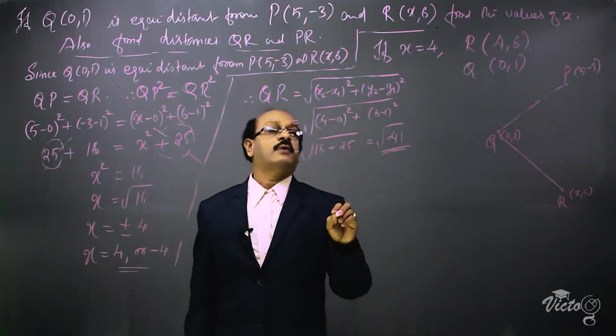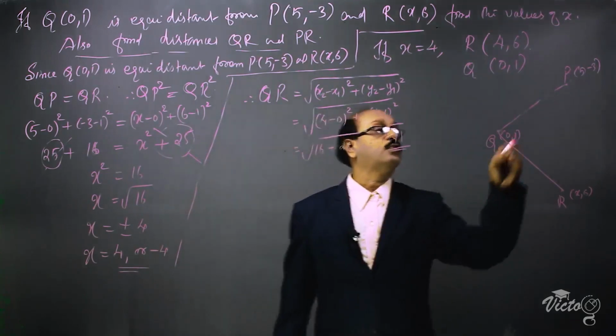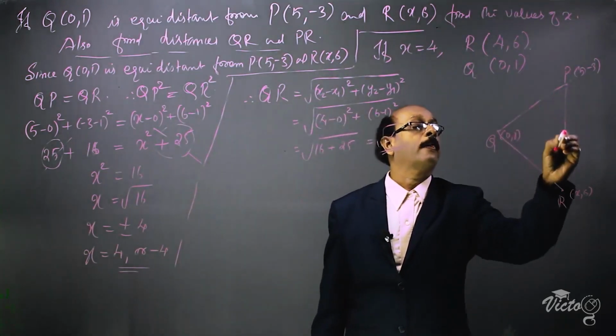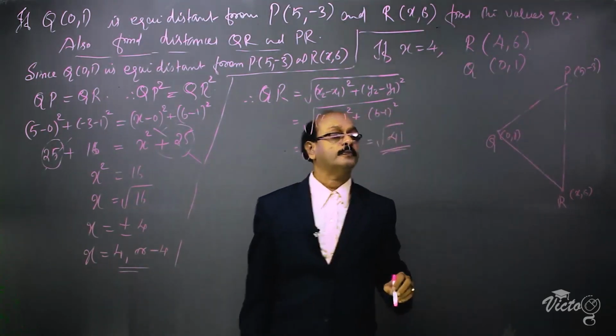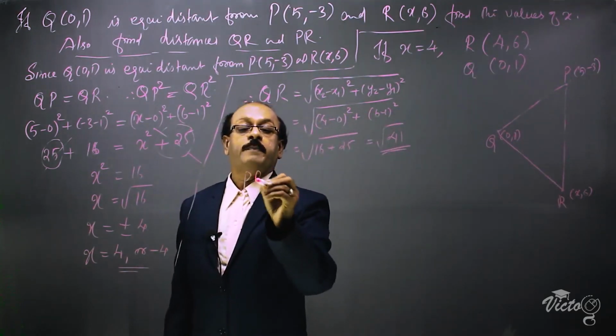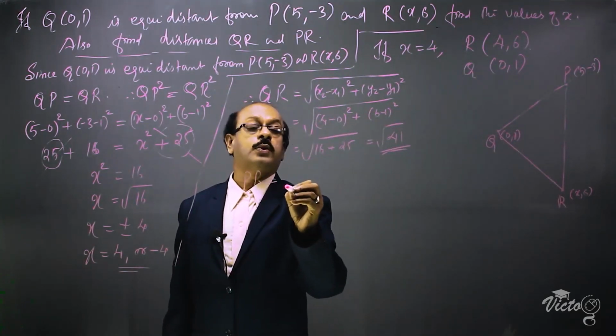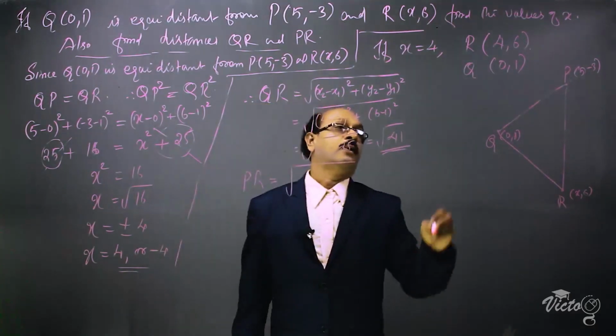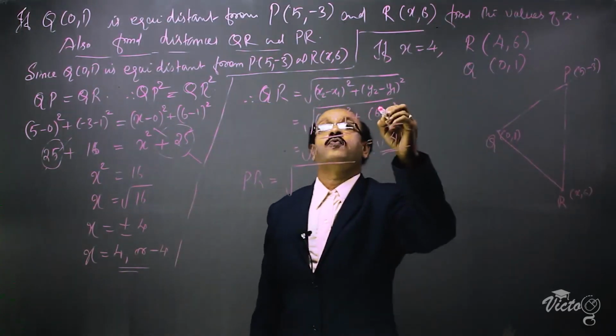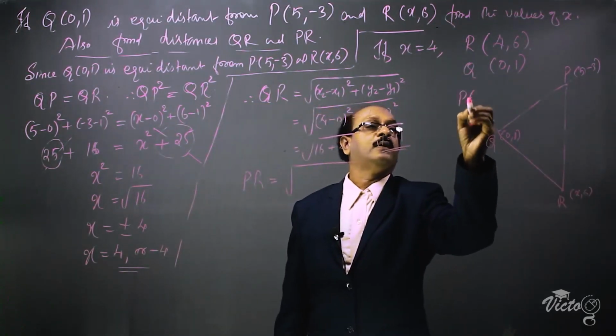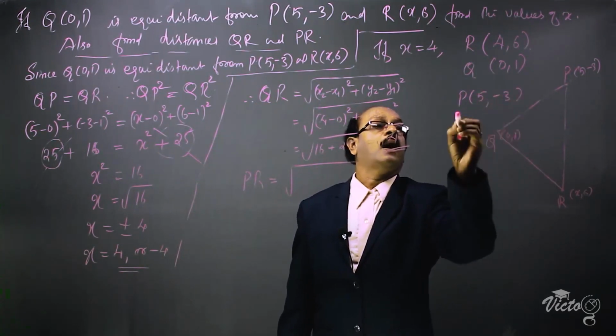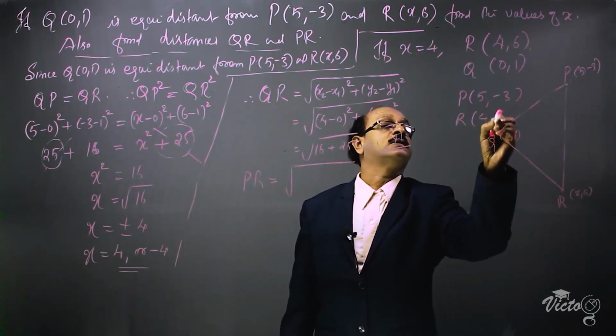We are not asked for QP, so now we find the distance PR. P is (5,-3) and R is (4,6).